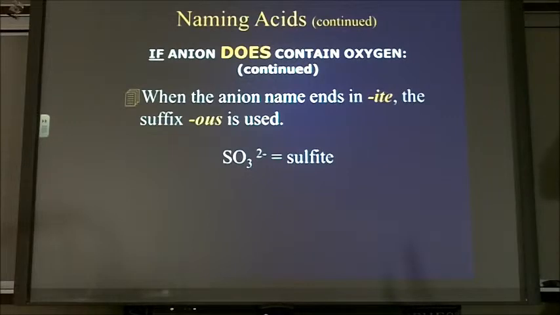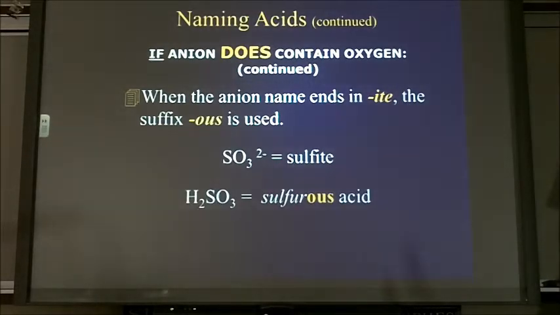So, sulfurous acid. Now the good news is, with your polyatomics, you only have two choices. It ends in ate or ite. Even if we remove two oxygens, it still has an ite ending. Or if you add an oxygen, it still has an ate ending.